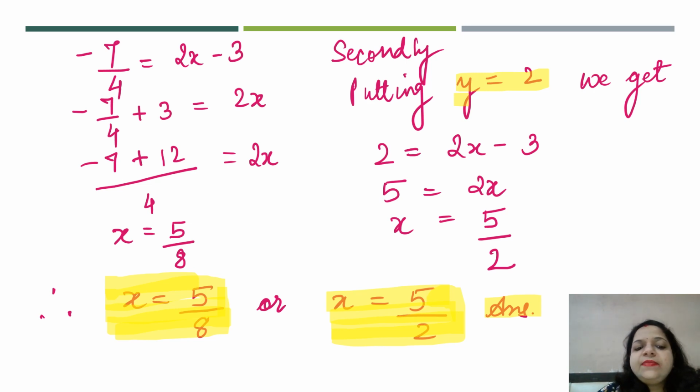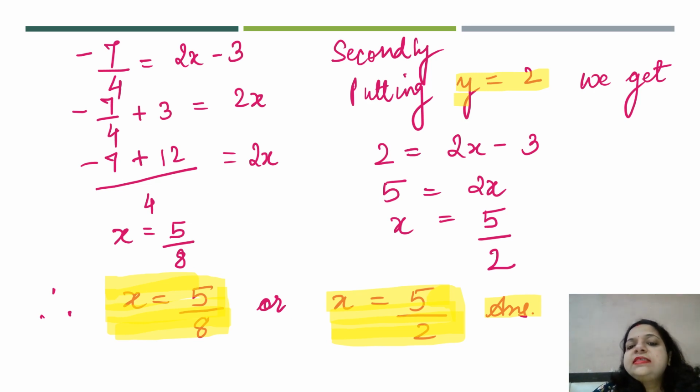We will take the LCM here. Minus 7 plus 12 upon 4 is equal to 2x. 3 was brought on the left hand side. Then 5 by 4 is equal to 2x, and 2 will come from other side to the denominator, and then x is equal to 5 by 8.